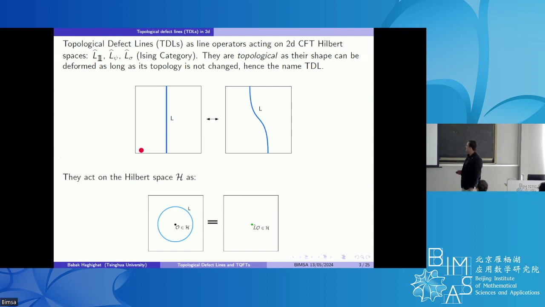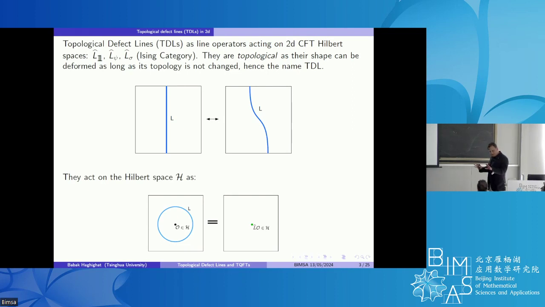That's of course just a very superficial level of viewing these things, but more specifically, these are objects in so-called 2-dimensional CFTs. CFT stands for conformal field theory, which is a special instance of a quantum field theory.